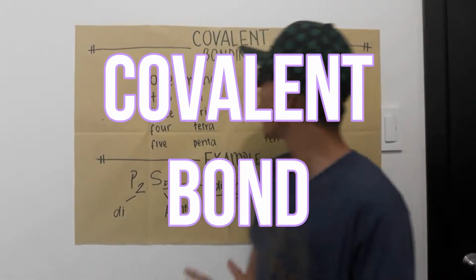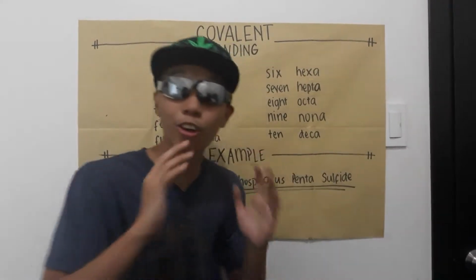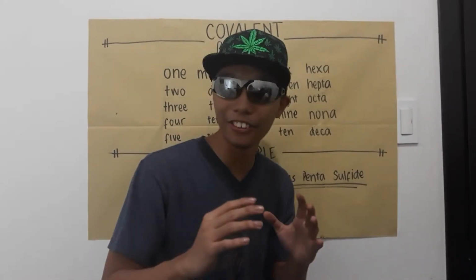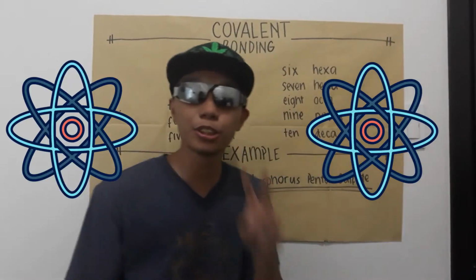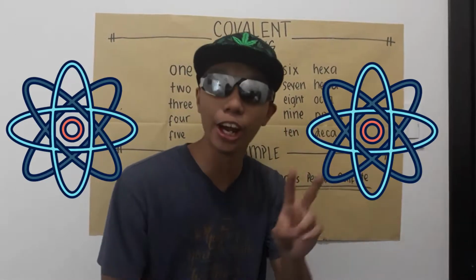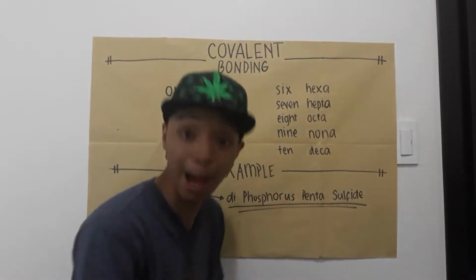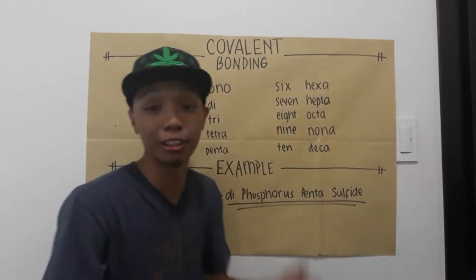So, covalent bond, also called molecular bond. It is a chemical bond that is shared when two atoms share their valence electrons. So what happens with covalent bonding?